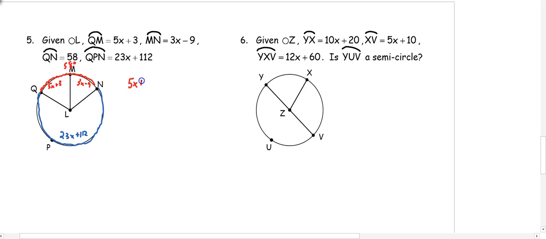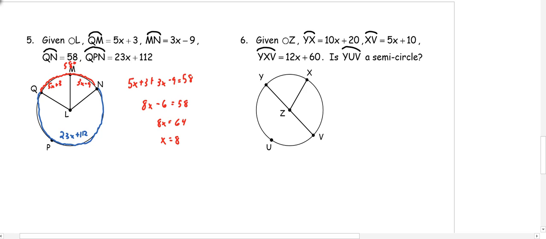So I have 5x plus 3 plus 3x minus 9 is equal to 58 because this is arc addition. So piece plus piece equals 58. So we get 8x minus 6 equals 58. We can add 6 to both sides and divide, so we get x is 8. Once we know x is 8, we can substitute in to get all of our missing measures.